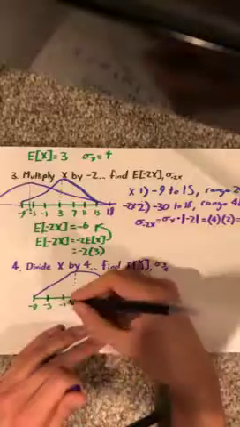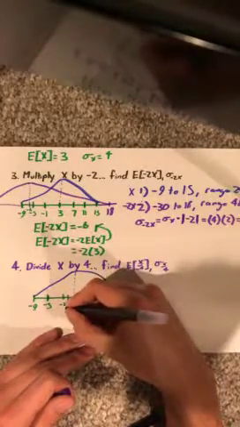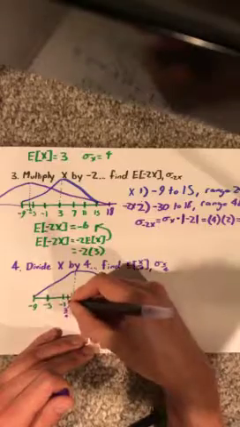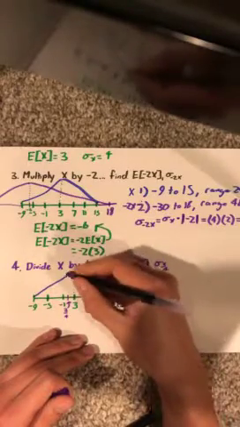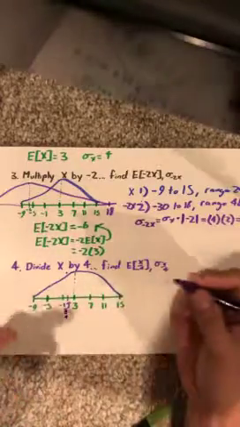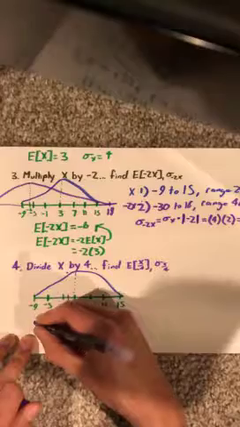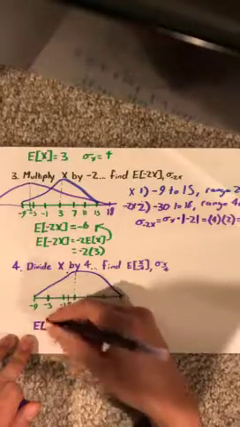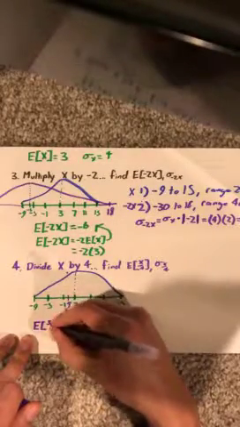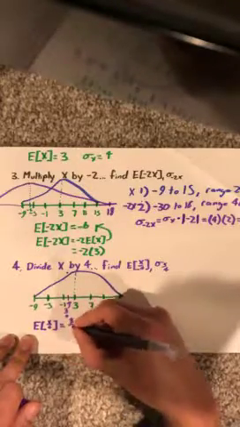So this distribution is going to now be centered at 3/4. So it's going to be around there. And we'll just say that since that is our expected value of x divided by 4, we're going to say that E of x divided by 4 is equal to 3/4.